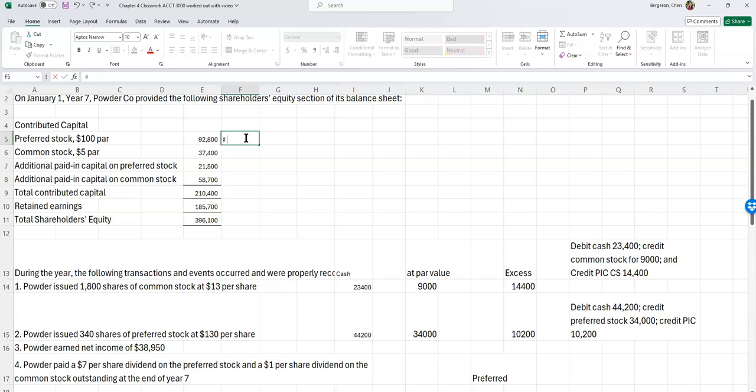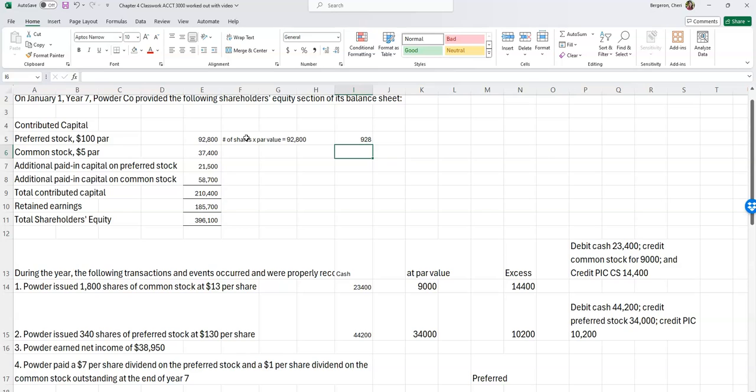Number of shares times par value gives me 92,800, so I solve by dividing 92,800 by $100. So I have 928 shares.